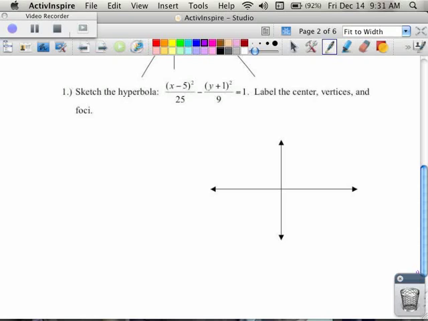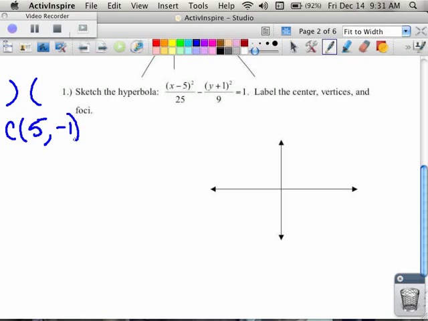The x thing. That means this hyperbola will open horizontally. Then everything starts with my center. So I name my center. My center is whatever makes the parentheses 0, just like in ellipses. So 5 and -1.